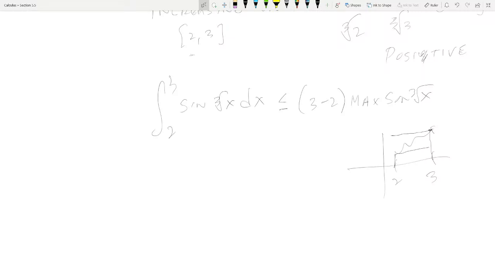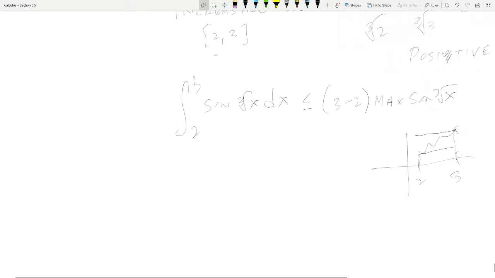Okay, so let's put that in. That's equal to 1 times, because it's 3 minus 2, times sine of cube root of 3. And then on the other side, it's greater than or equal to b minus a, which is 3 minus 2, times the min of sine cube root of x.